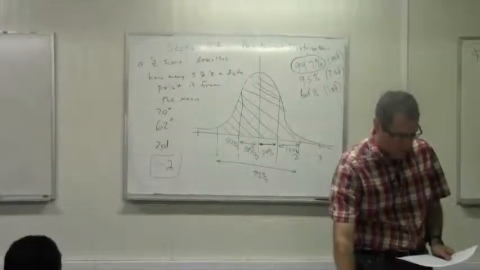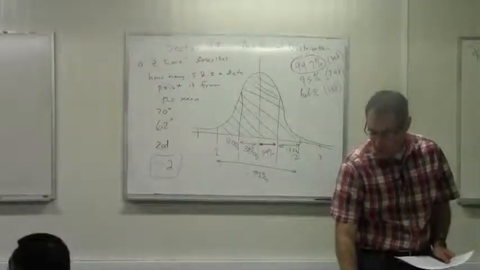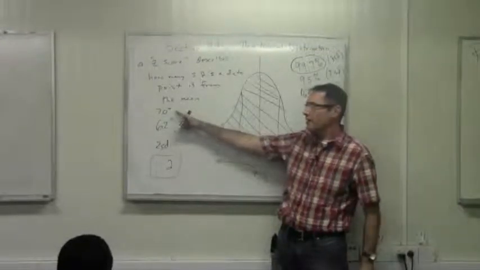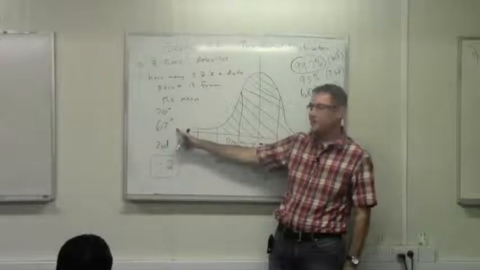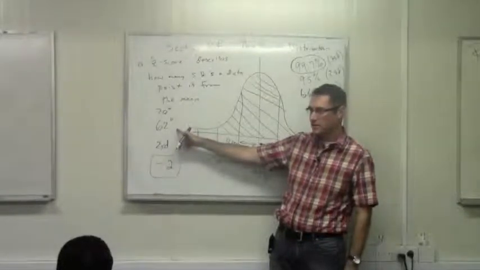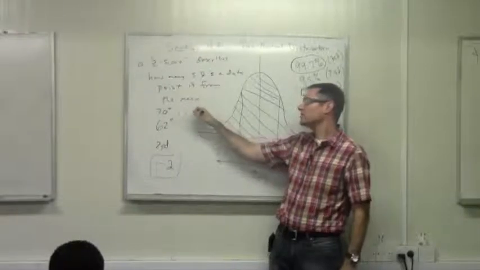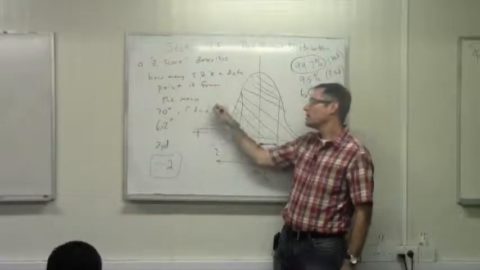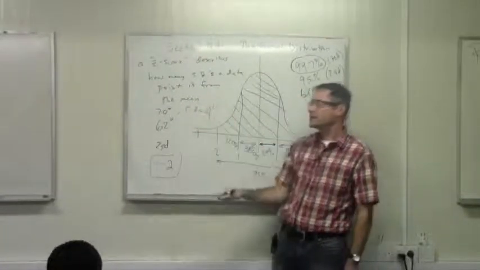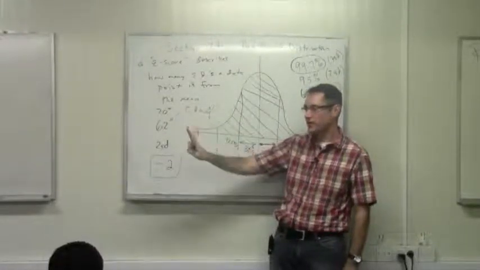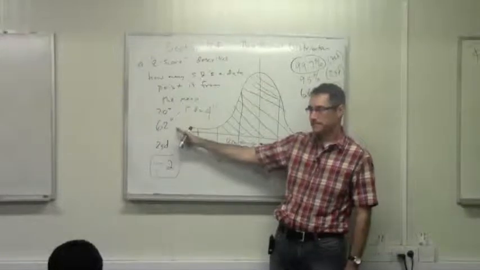So what was the question you had? Okay, all I said was, we figured out 62 inches was 2 standard deviations below the mean. We said the mean is 70, the standard deviation is 4. What height is 2 standard deviations away? Well, it's 70 minus 4 minus 4. 62 inches.